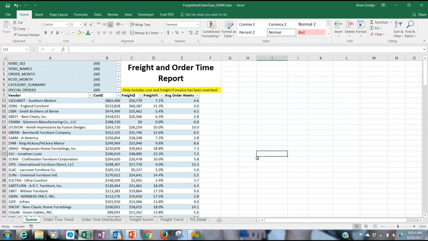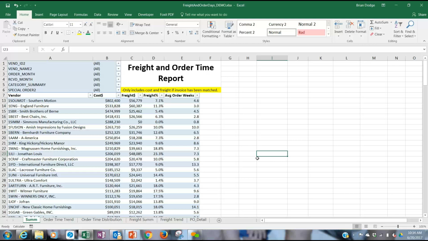This is a tool that's provided on a weekly basis, basically every Monday. The two main focuses are the two separate pieces, freight and order time. We'll go from left to right here. Feel free to interrupt if you have any questions about the specific tool.